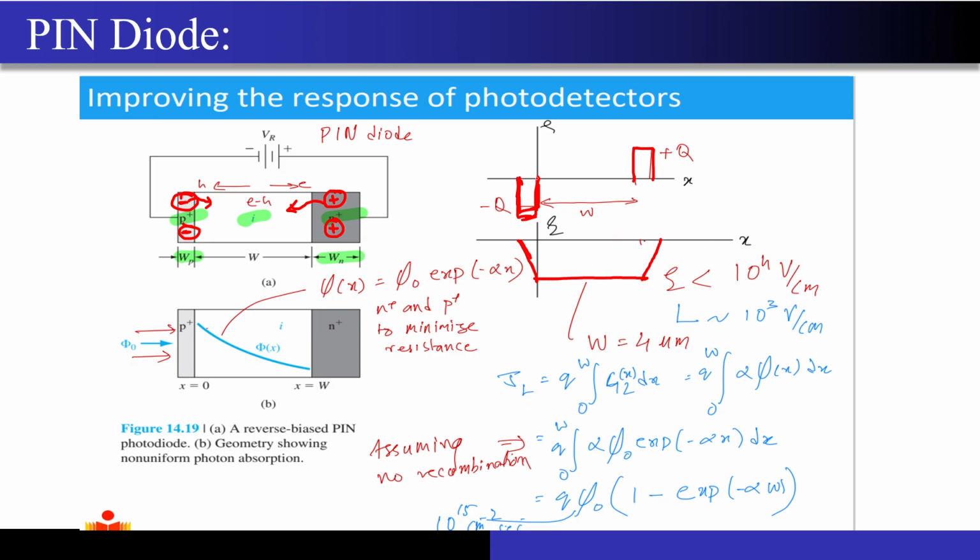What you can see over here is that between these two particular things, I have a large electric field that is present without any depletion region. Depletion region only exists over here, correct? And there is still an electric field in the intrinsic region. Now any photons that I shine over here, the electron hole pairs generated over here will quickly respond because of the existence of the electric field, correct? And if they respond quickly, that means what?